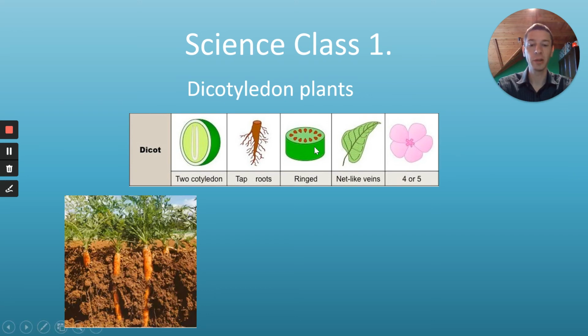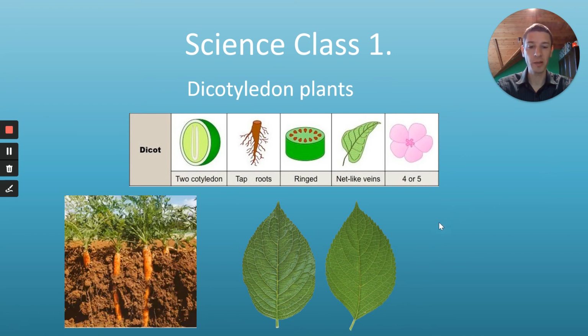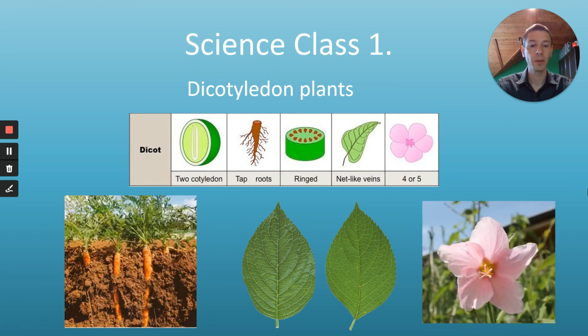The vascular bundle, when you cut the stem into half, you will see them in a circular pattern. The leaves have got veins all over, not just parallel, but they look like a net. And the flowers have got petals, 4 or 5, all the multiples of 4 or 5.